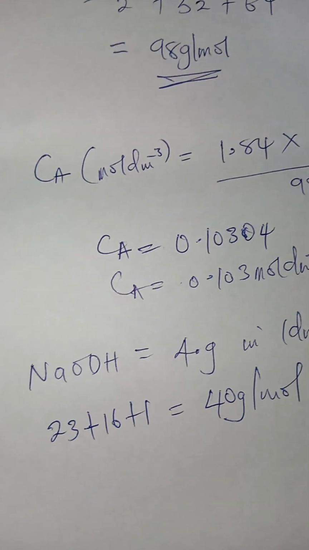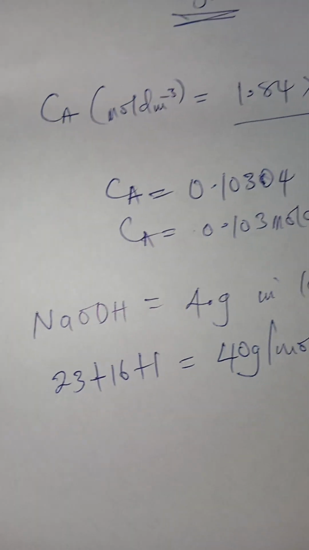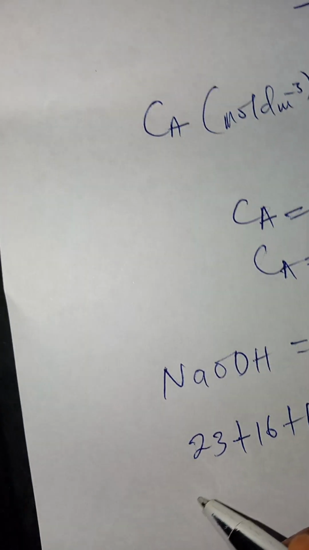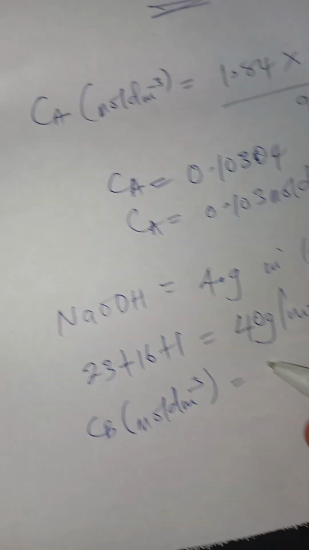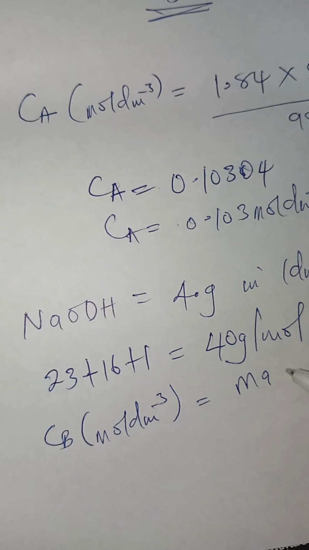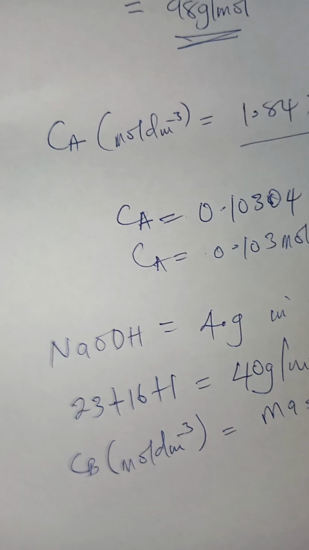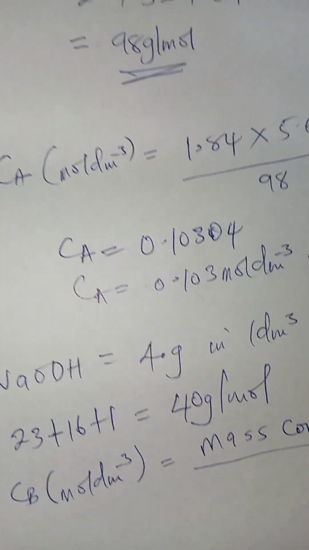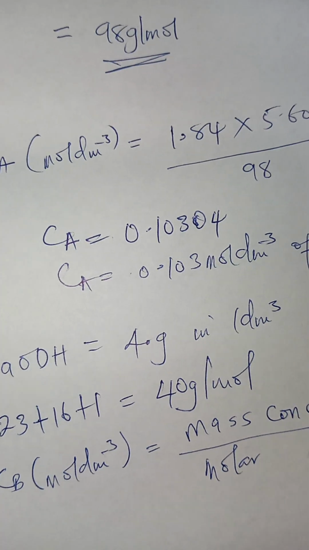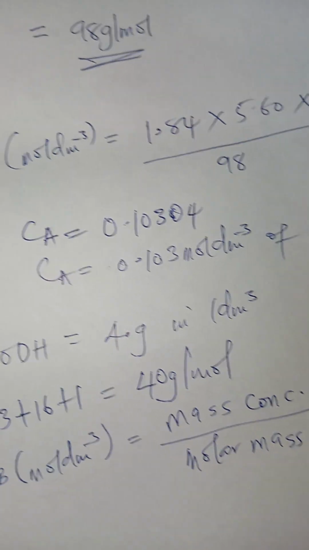So when we do that, we've gotten the molar mass of the base. So how do we get the concentration of the base also in mole per dm cube? It is mass concentration all over molar mass. Are you following?